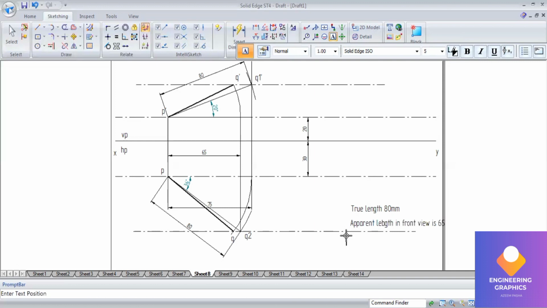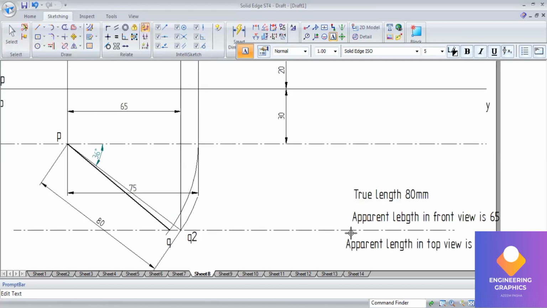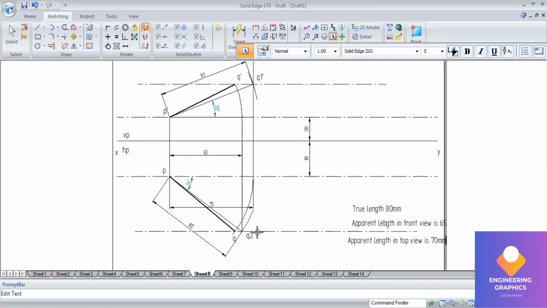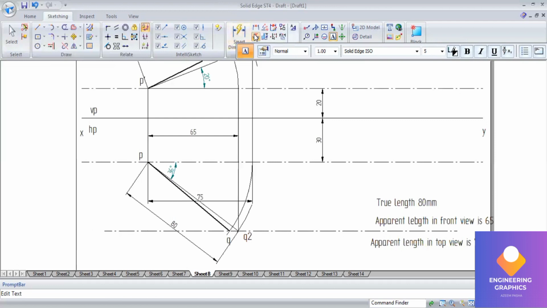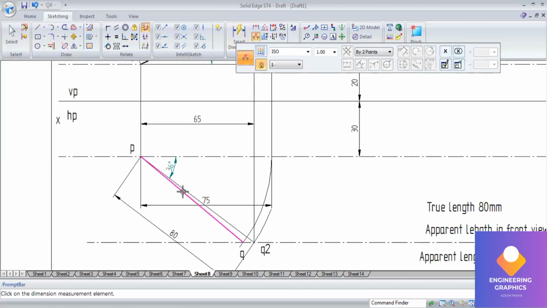Same way, apparent length in top view I have considered 75 mm. Now we measure the apparent angles also.